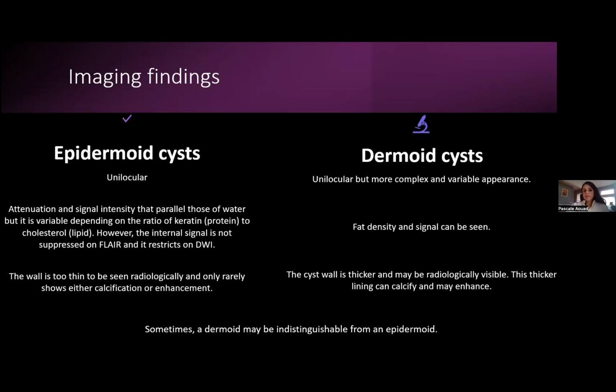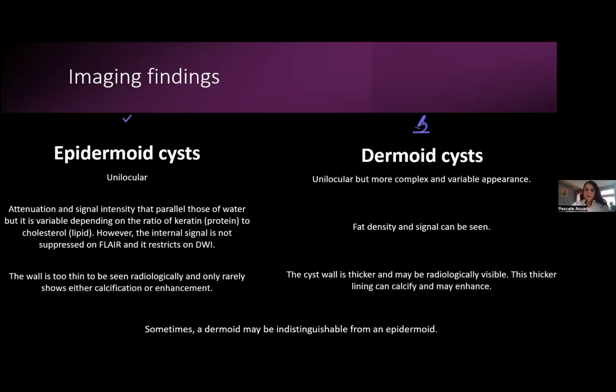Sometimes it can be slightly negative density because of some fatty content, but it's not going to be a pure fat appearance. On MRI, the signal will not suppress completely on FLAIR, so it's not pure as water, and it tends to restrict on diffusion-weighted images. Dermoid cysts, on the other hand, tend to have more fatty density and signal.